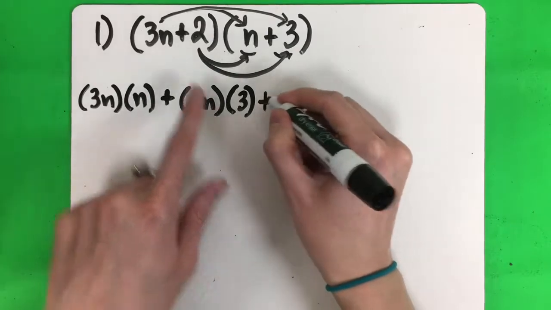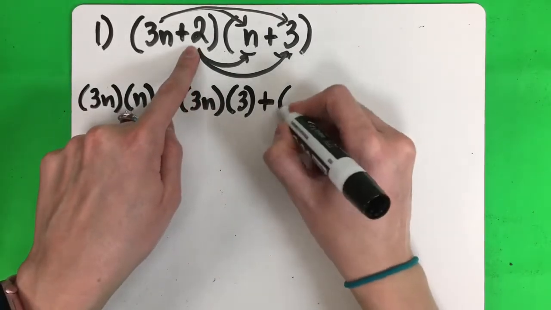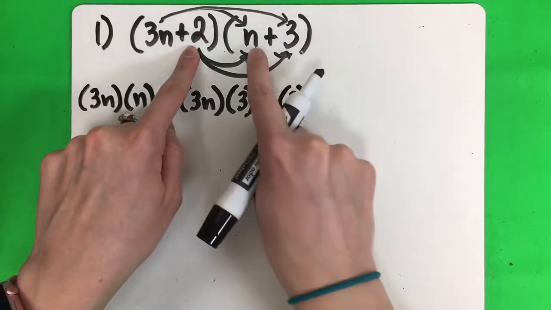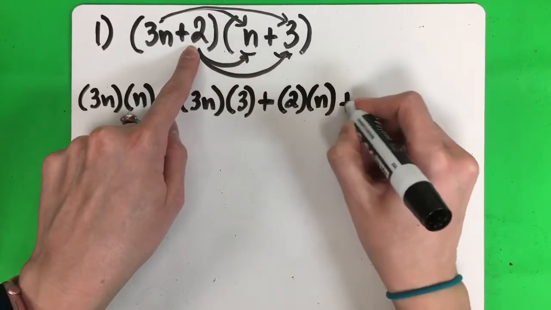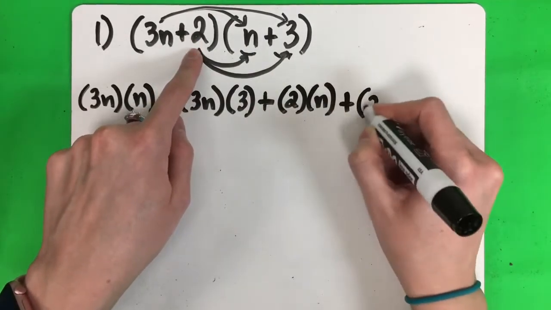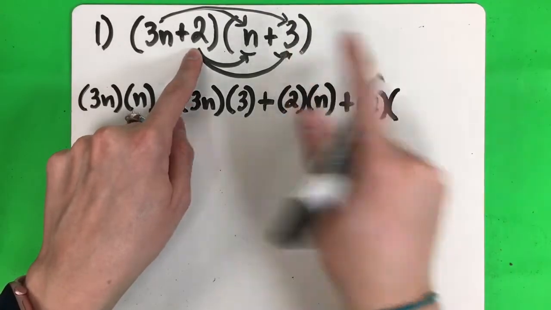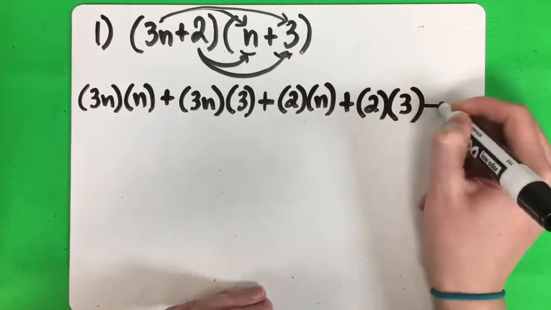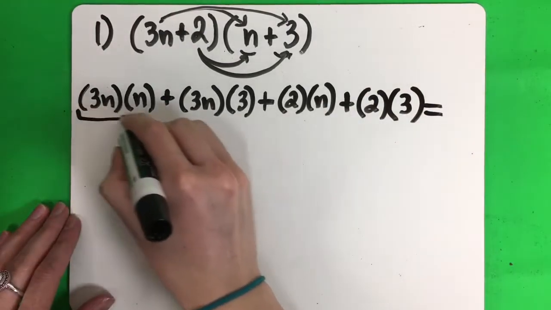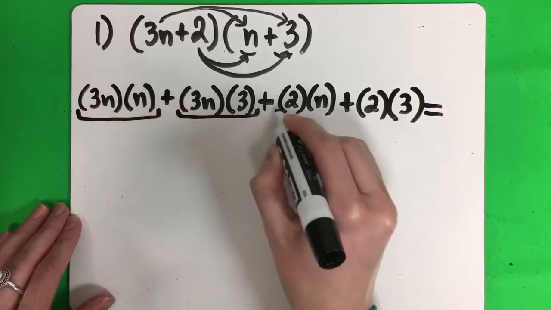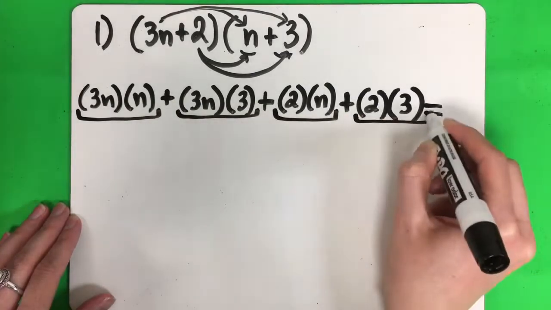Now plus the second term, 2, times the first term, n, plus again 2 times 3. You're going to do your parentheses first. So I have here, then here, then here, then here.